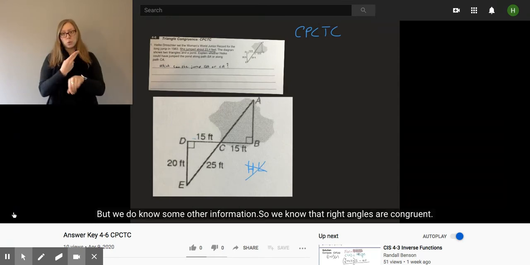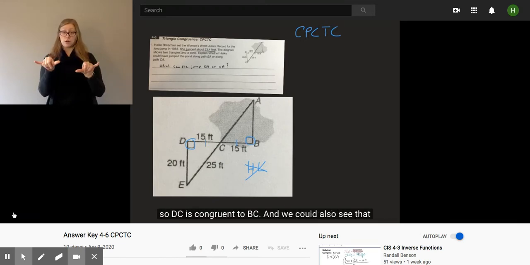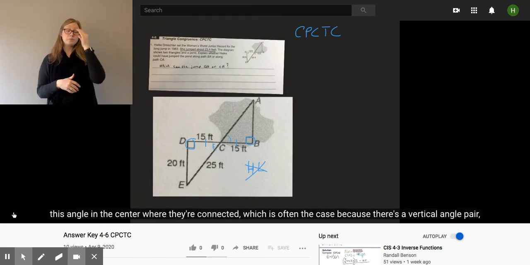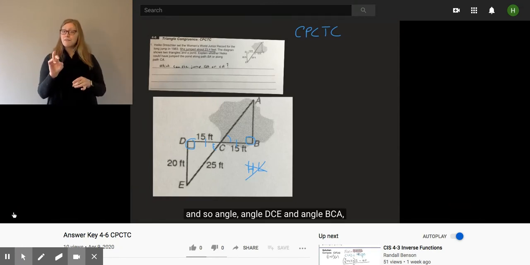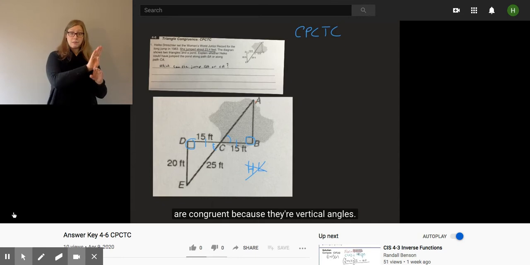We know that right angles are congruent. We can see that this side, 15 feet and 15 feet, so DC is congruent to BC. And we can also see that this angle in the center where they're connected, which is often the case, is a vertical angle pair. So angle DCE and angle BCA are congruent because they're vertical angles.